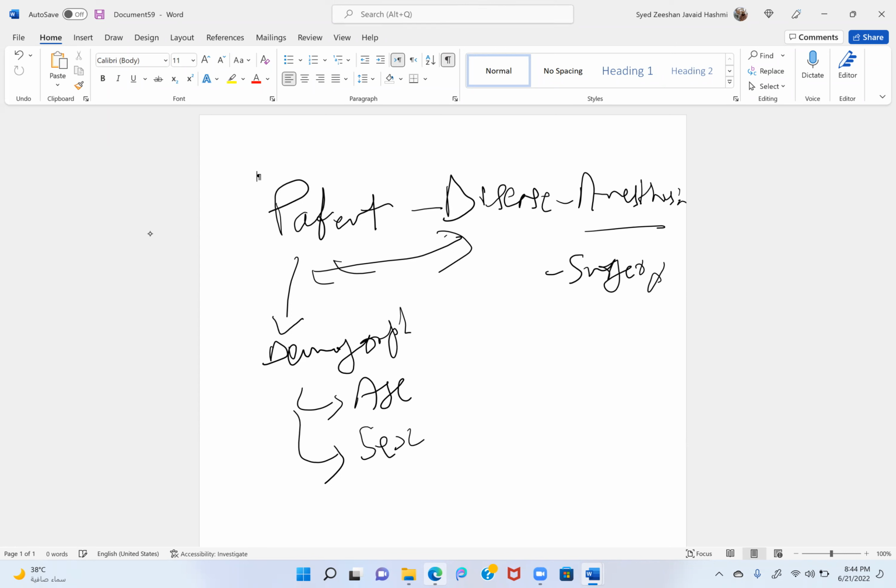Sex, okay? In female or male, there are certain considerations you should be expecting. For example, a 55-year-old female is expected to be postmenopausal, maybe on hormone replacement therapy. So you are expecting this in a female. Similarly, if you have a male, of course, in other parts of the world female and male patients both can smoke, but in our part of the world, more of the males will be smokers.